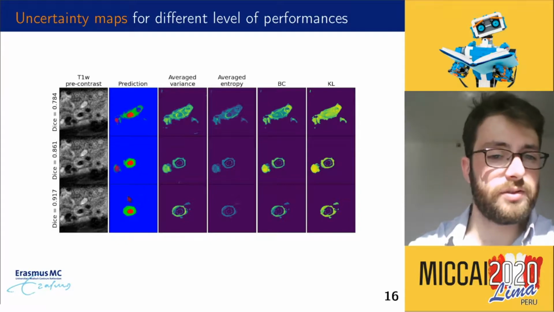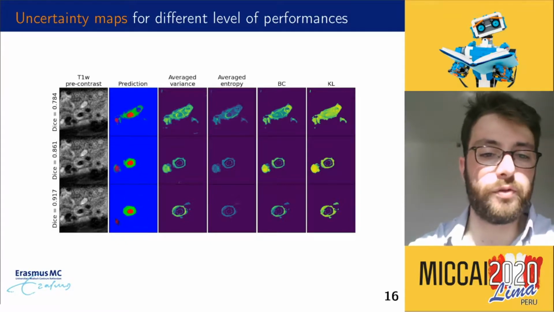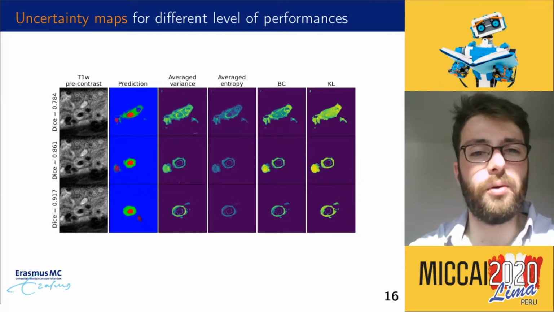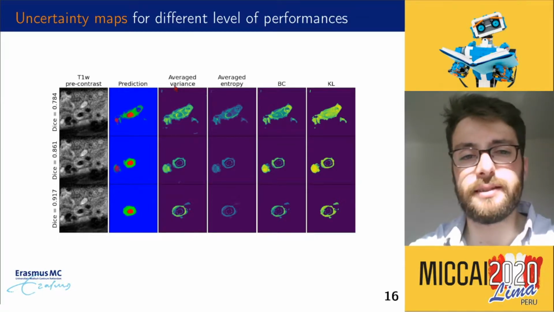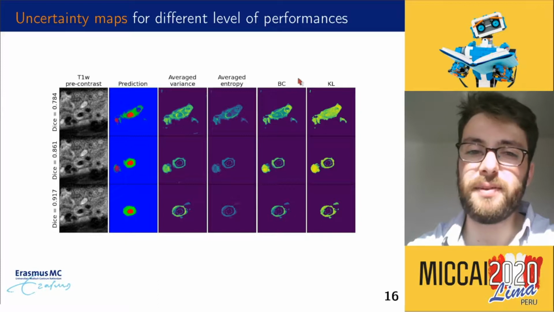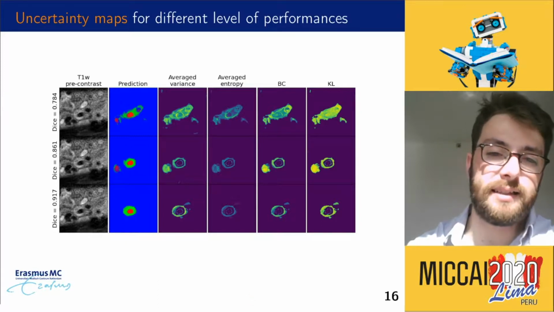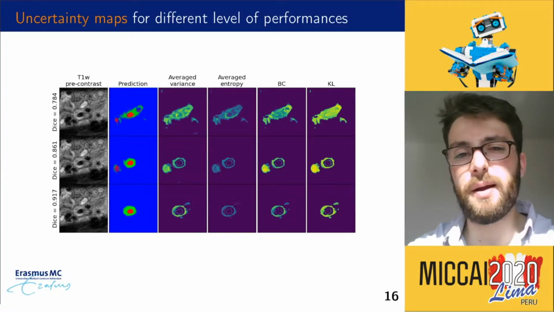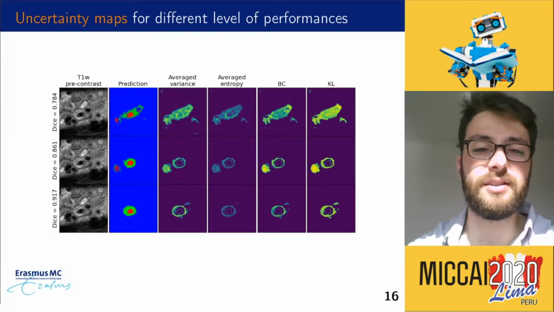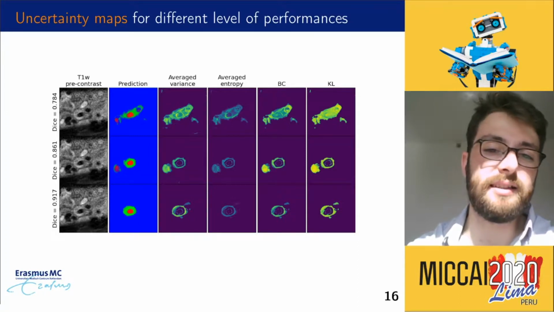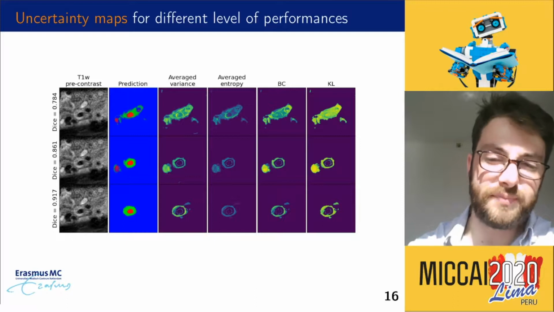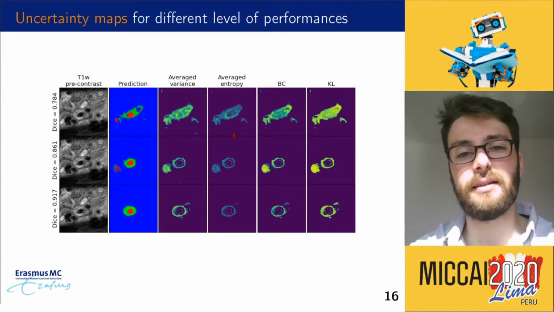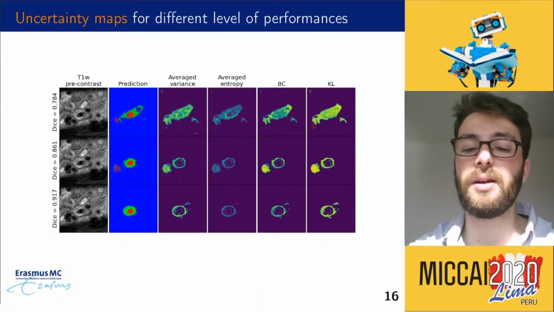And finally, the third one performed correctly. We also show here the 4 uncertainty maps to explain that every uncertainty map has its own strategy to assess uncertainty, and this can be seen in how different the uncertainty maps look.